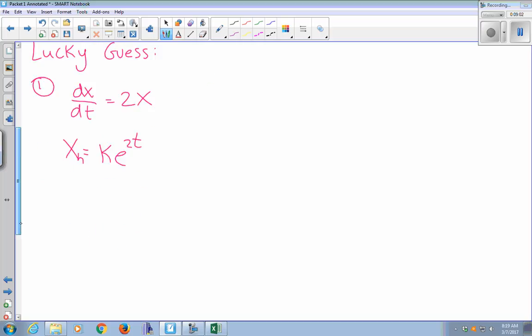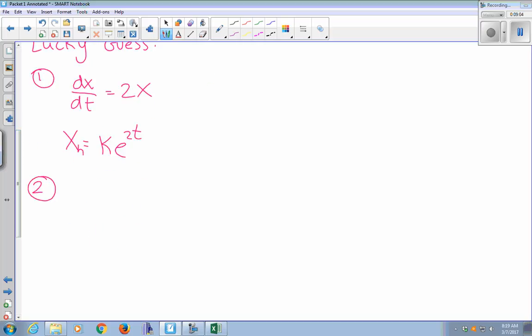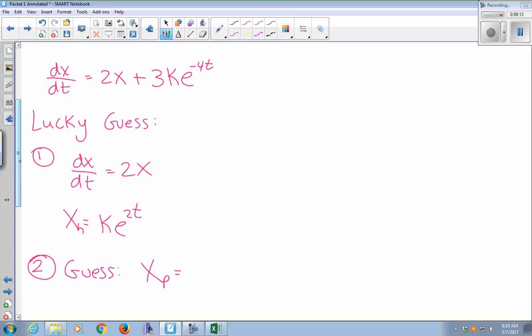Okay, so step 2 was to find a particular solution, right? We have to guess. We need to find an x particular that solves the original, the non-homogeneous version. So your guess for x particular takes the form of the function of t, the part that you dropped for part 1.